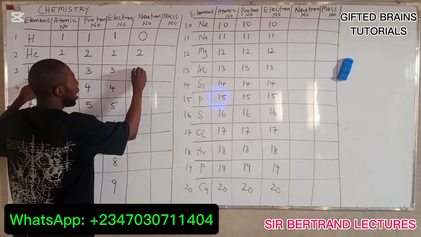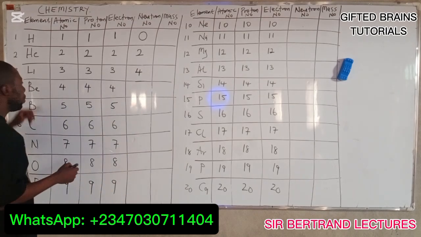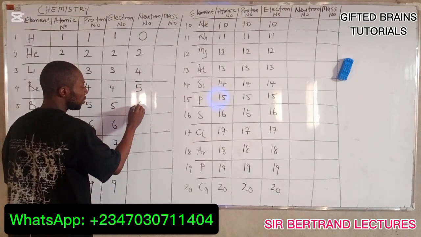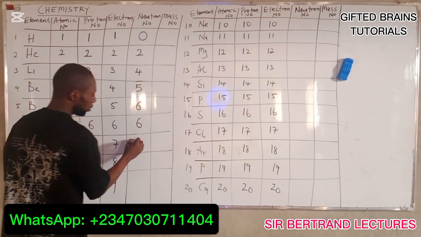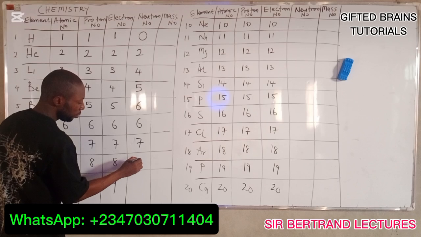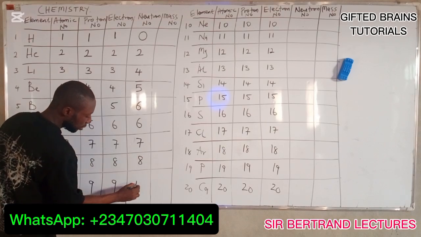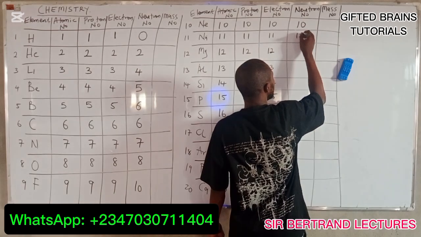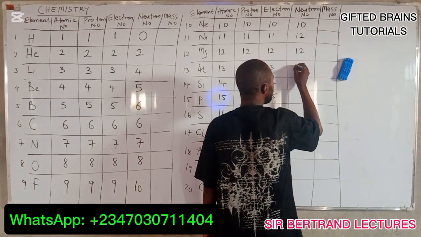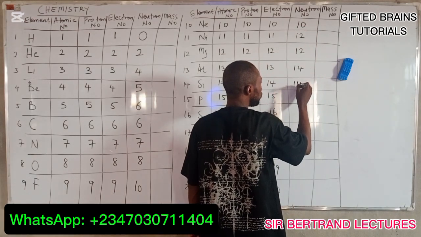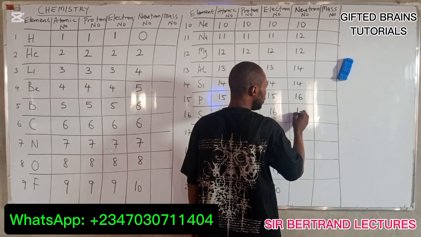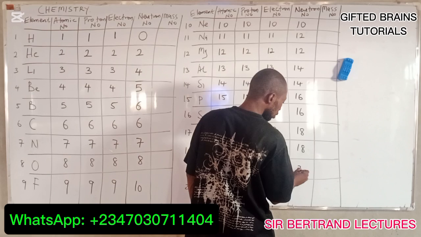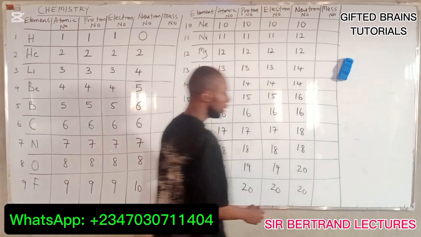Lithium has 4. Beryllium here has 5. Here we have 6 and 6. We have 7 and 8, 10, 10, 12, 12, 14, 14, 16, 16, 18, 18, 20, 20.